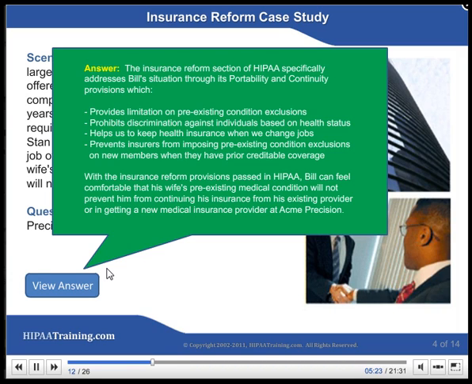With the insurance reform provisions passed in HIPAA, Bill can feel comfortable that his wife's pre-existing medical condition will not prevent him from continuing his insurance from his existing provider or getting a new medical insurance provider at Acme Precision.